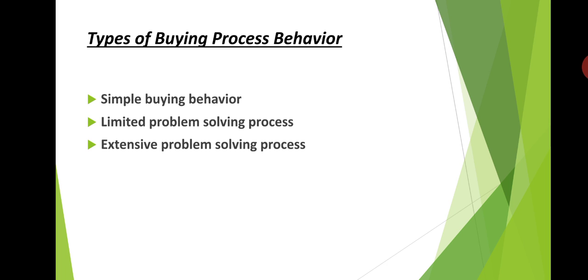And second one, limited problem solving process. Here the buying becomes more complex when buyers are faced with new or unfamiliar brands. In this case, the consumers spend more time and effort in ascertaining the nature, because these goods are unfamiliar to the consumers, right?